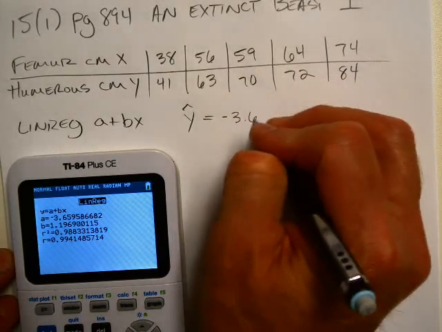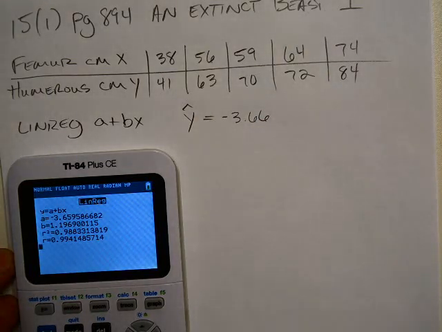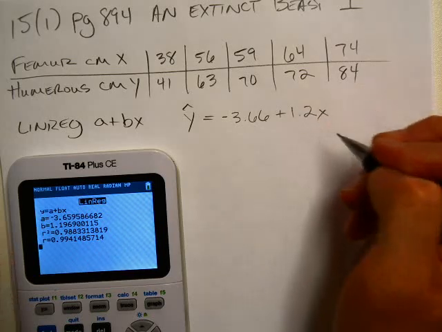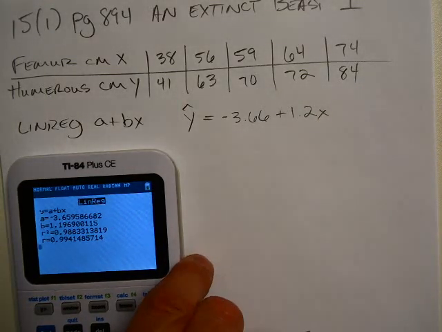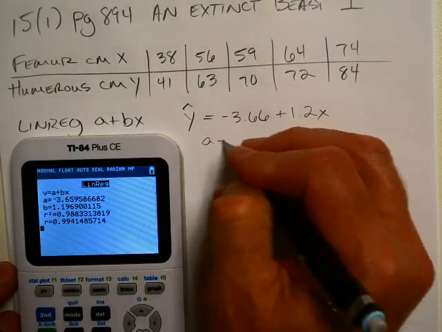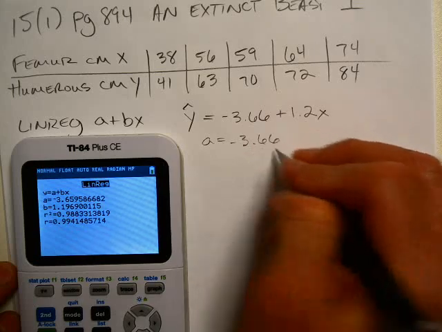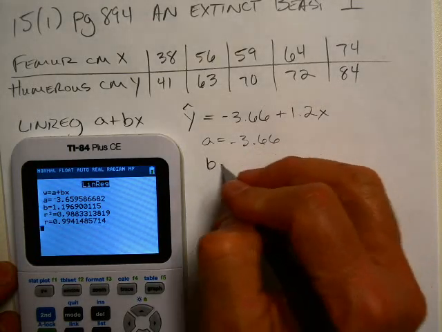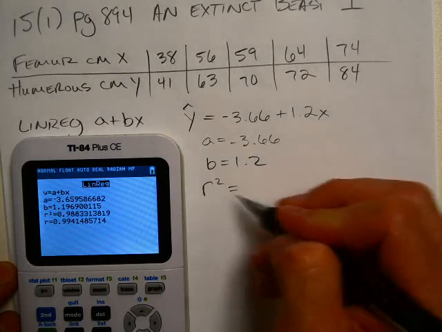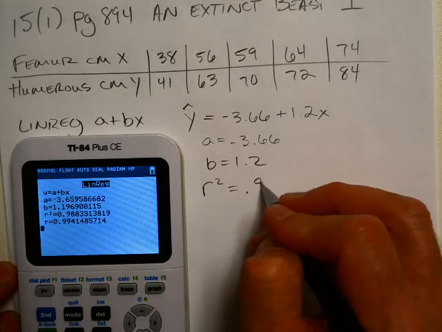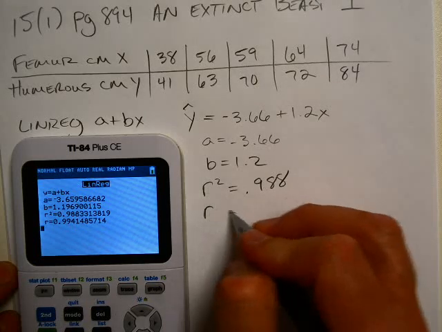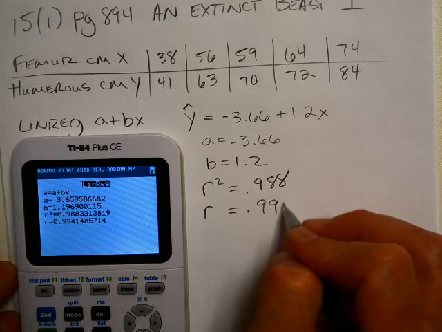Negative 3.66 is the a value, the y-intercept, plus about 1.2x. So I've got a equals negative 3.66, b equals 1.2-ish, r squared 0.988, and r 0.994.